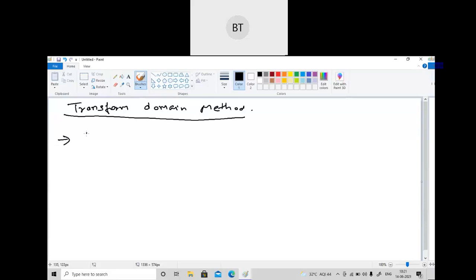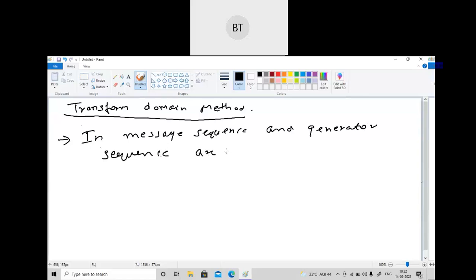In the transform domain method, first you have to write the message signal in terms of a polynomial, and after that this message signal will be multiplied with the generator polynomial in order to get the final code word. So first of all, in the transform domain method, the message sequence and generator sequence are represented in terms of polynomials.